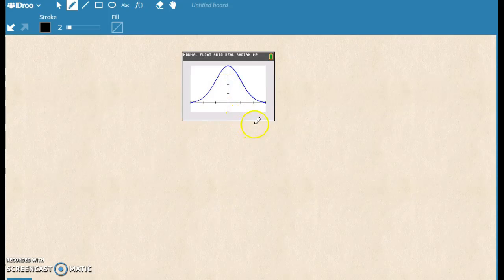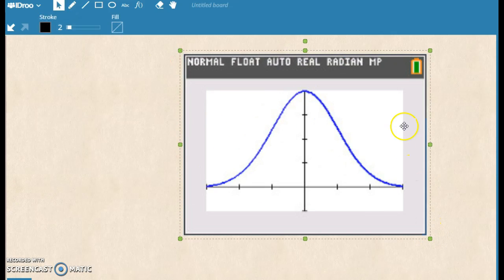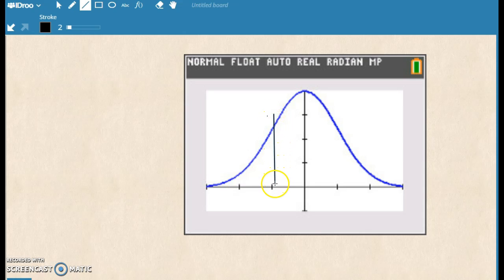So let me get you started here. Okay, there's the normal distribution, and I want to point out a few things about it. If we look at one deviation back, I remember what a standard deviation is from an earlier chapter in the course.